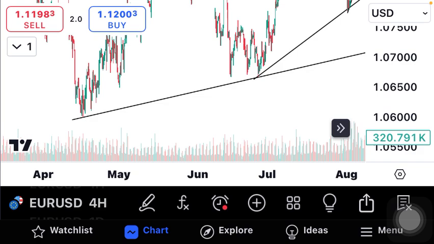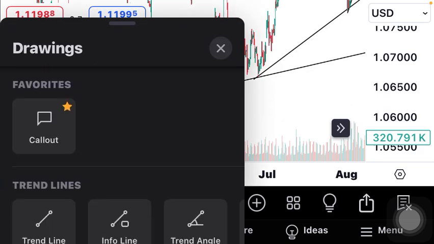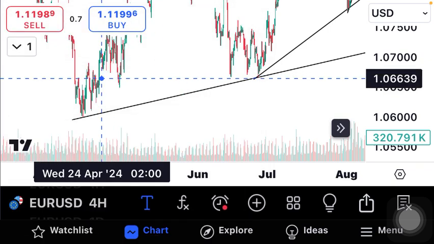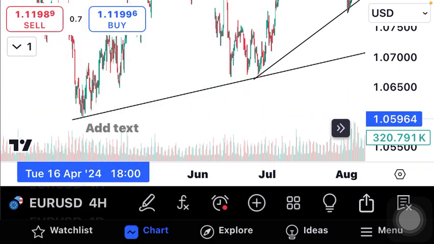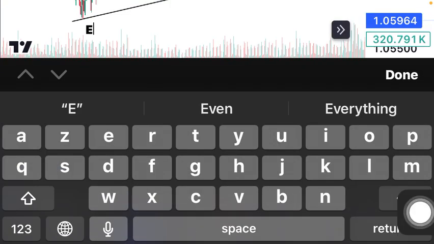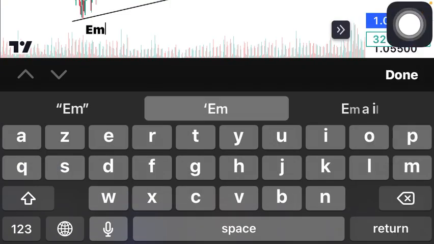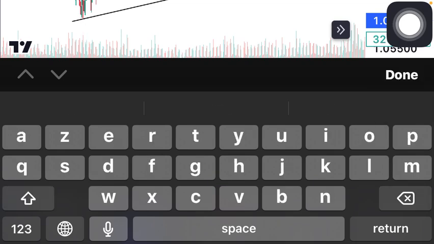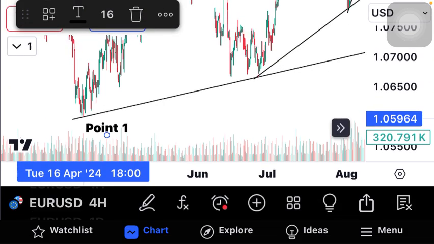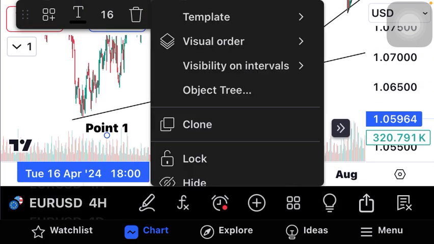Let's write something out real quick. Okay, let's make here our point one. Point one means our first touch. We are going to lock it.